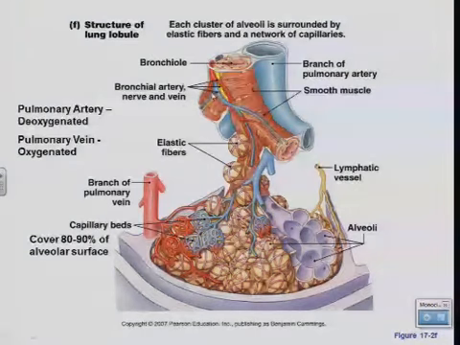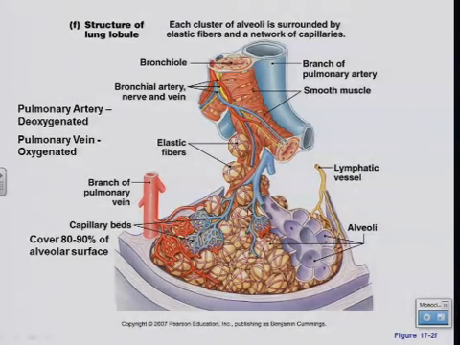So there's two circulations within the lung: the pulmonary vasculature, which we've talked about extensively, comes down to the pulmonary alveolar capillaries. Those are just purely to oxygenate blood, gas exchange. The bronchial circulation is what actually supports the tissues of the lung. Make sure you understand that difference.